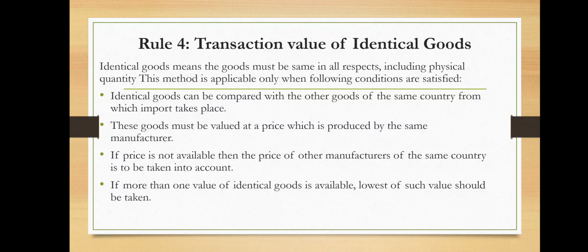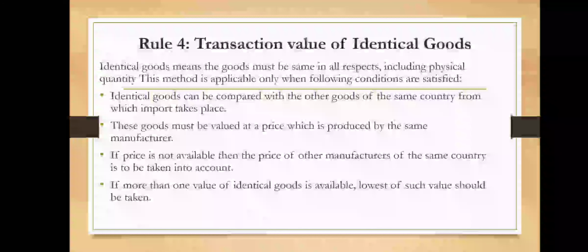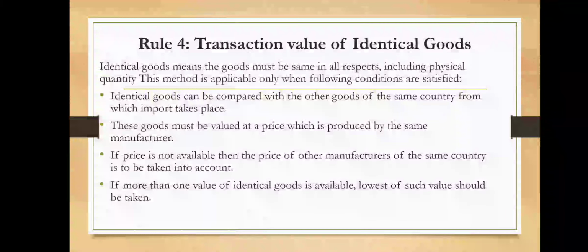Let me recap a few aspects related to identical goods. When you call something identical goods, it should fulfill the following conditions. They should be compared with goods from the same country, so the import will be from the same country itself.